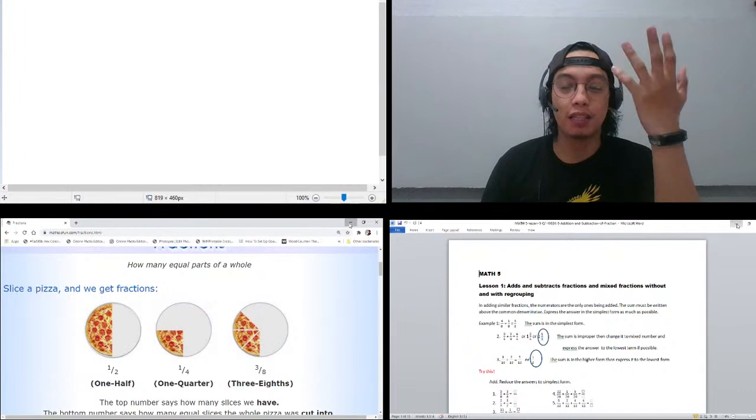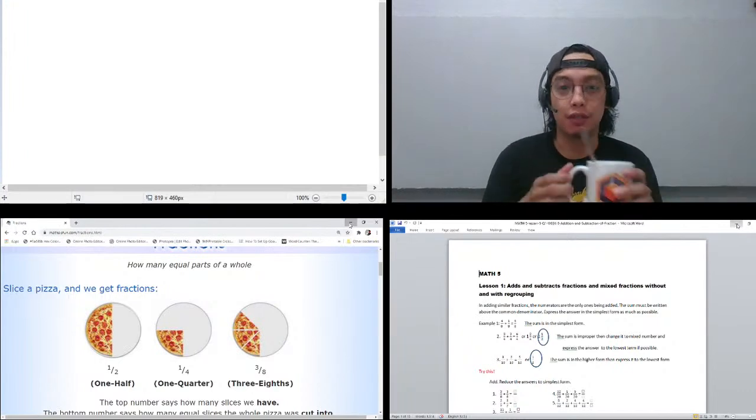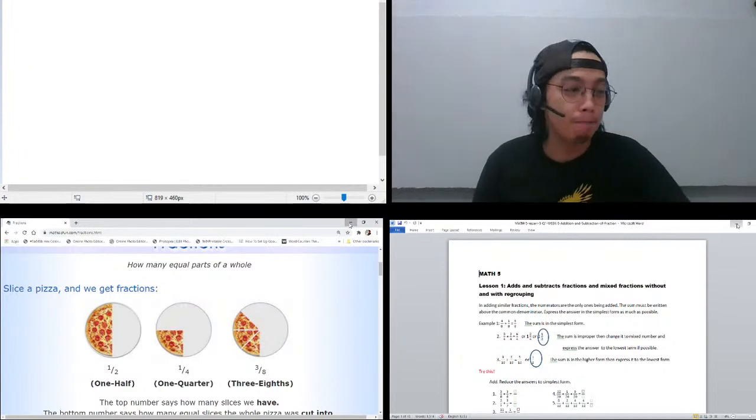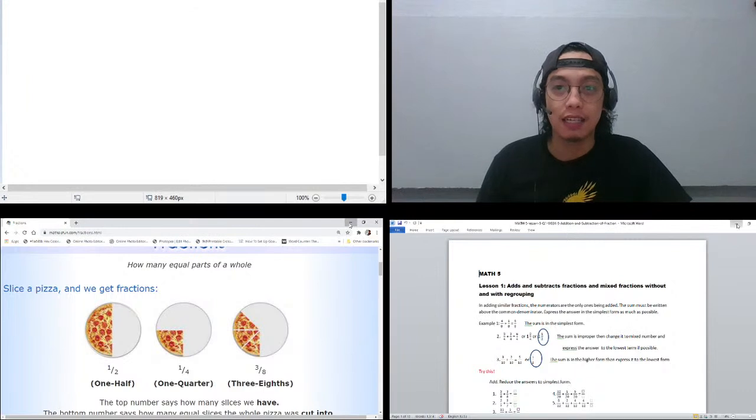So I got a module from an elementary student who would like to talk about fractions, adding and subtracting fractions, addition and subtraction of fractions.